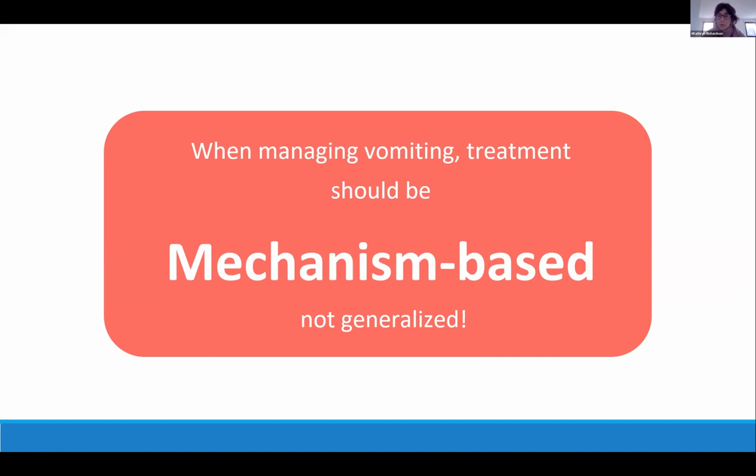Having said that, we know that in a lot of the settings you're working, you may not have access to many antiemetics. Okay, you may not have many choices. You may have 2 or 3 antiemetics available, in which case where you can, you select the one that's most appropriate.